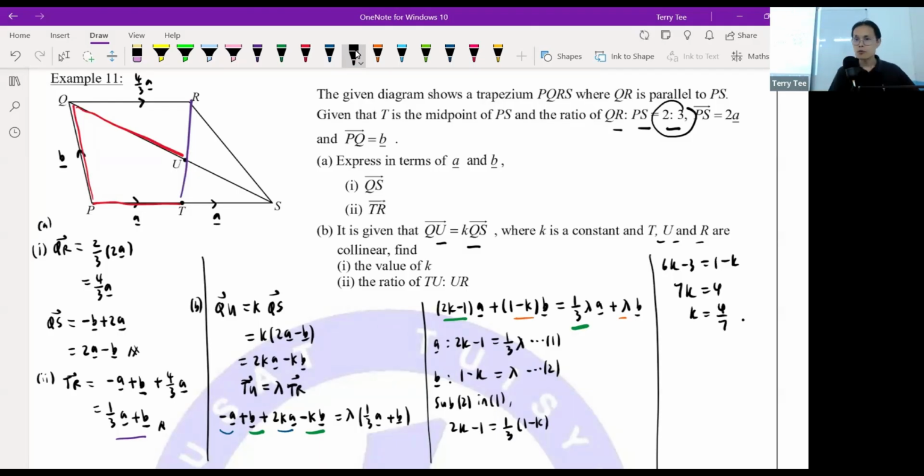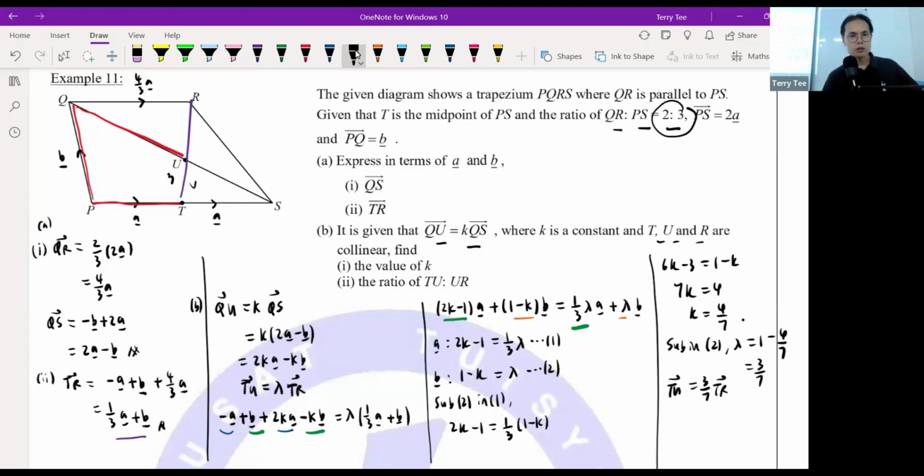When you're done, we are supposed to find the ratio TU to UR as well. Okay, we need to find lambda first. We substitute inside equation 2. Your lambda is 1 minus 4 over 7, which is 3 over 7. So your TU is 3 over 7 TR.